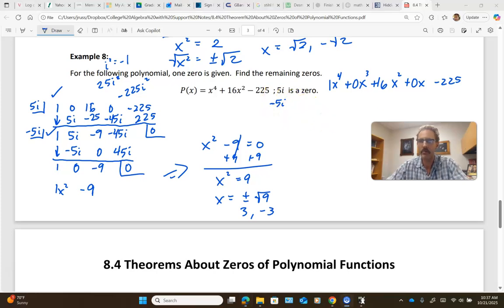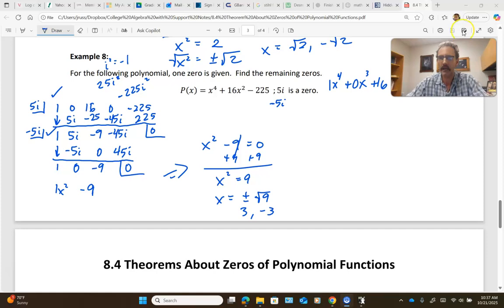When you're working on your homework, they will ask you to list your rational zeros, and then your other zeros. So your rational zeros here would be 3 and negative 3. The other zeros would be 5i and negative 5i. So pay attention to that. Sometimes they'll ask you.